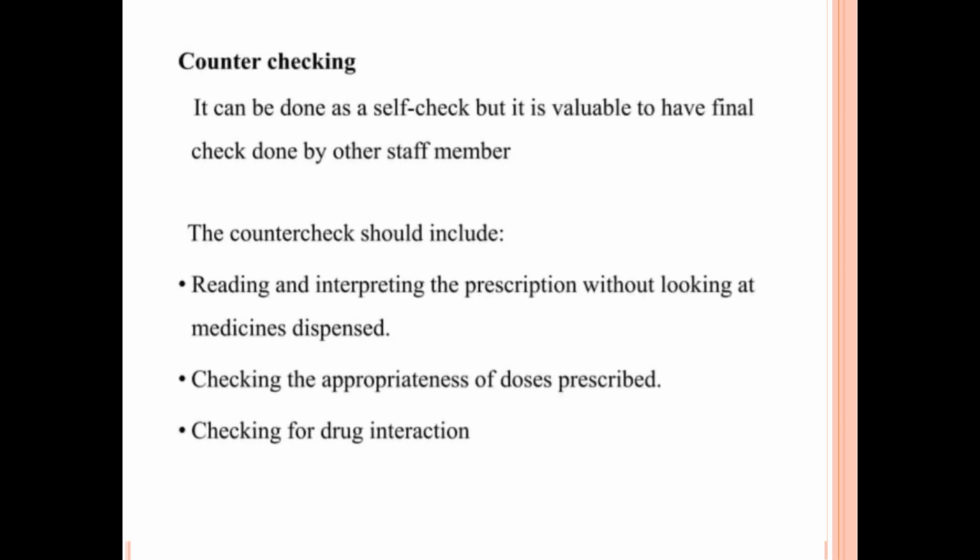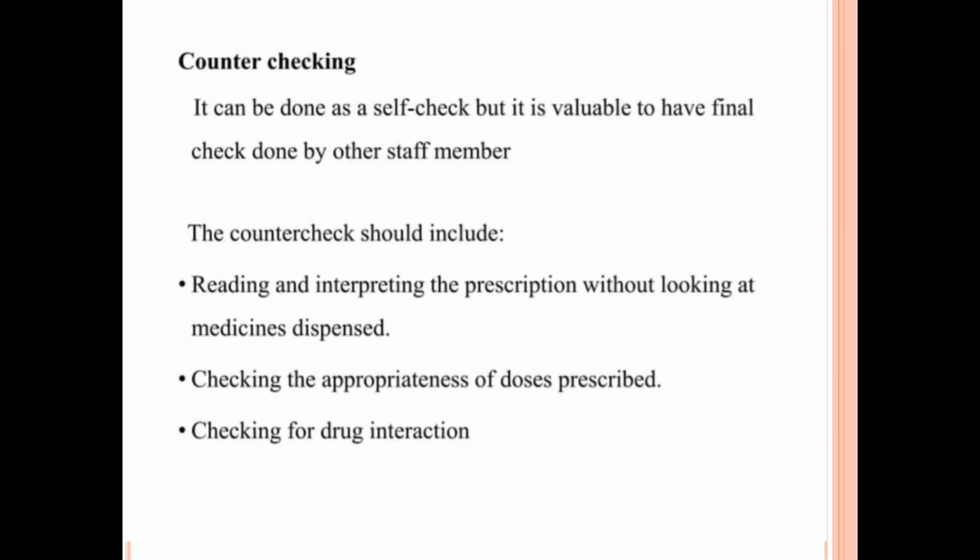Next step is counter checking. It can be done as a self check, but it is valuable to have the final check done by other staff members. So if we have taken all the medicines out and put the dispensing label, we tell another staff member to counter check whether all things are correct or not.